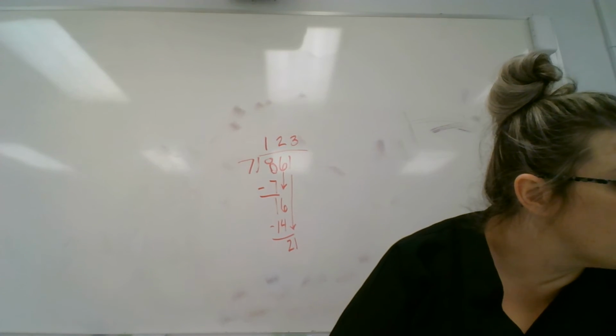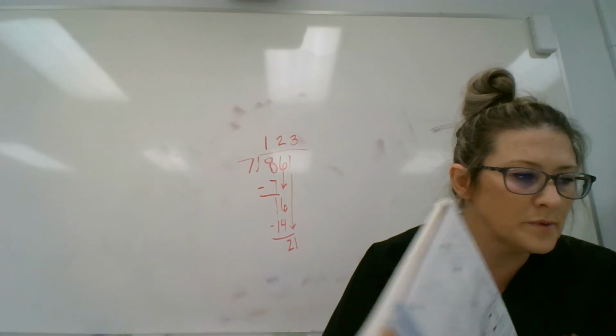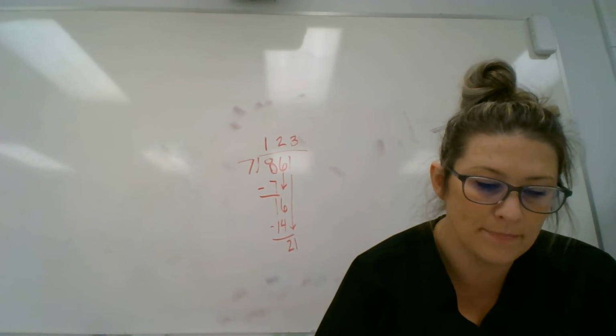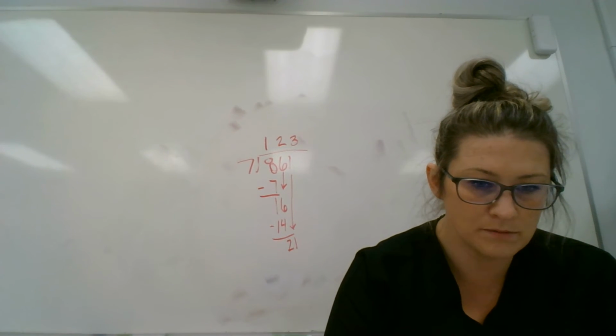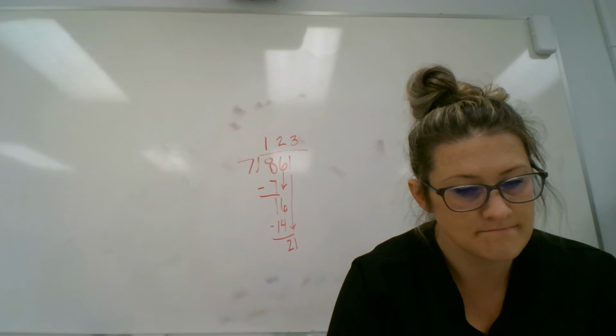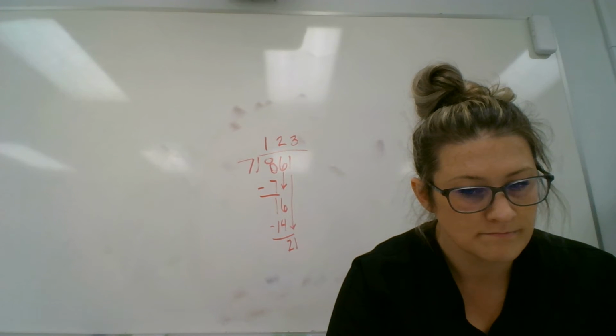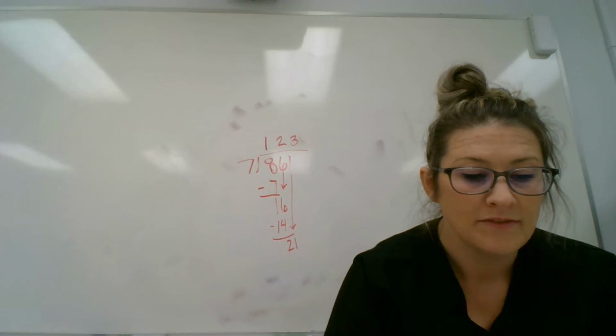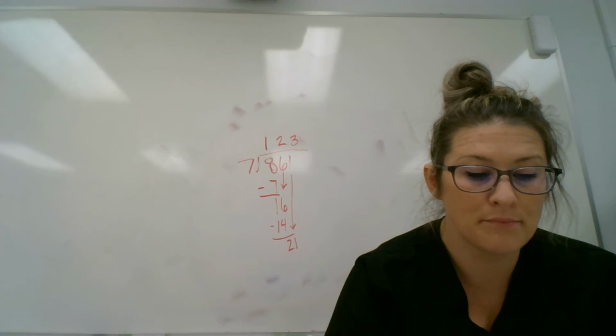All right, part 3. I believe these are related to the part that we skipped in the book. Let me double check. Oh, they want you to circle the number that is not prime.